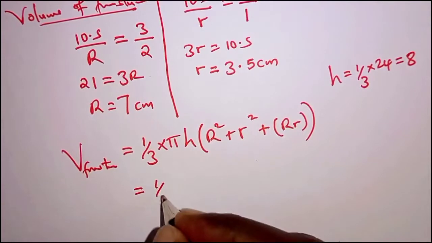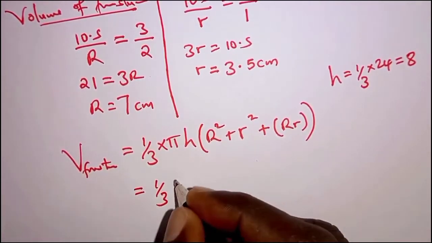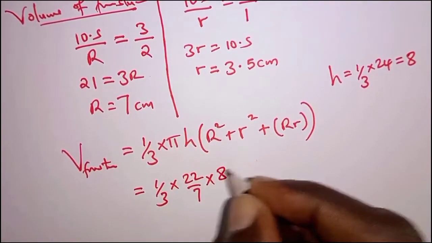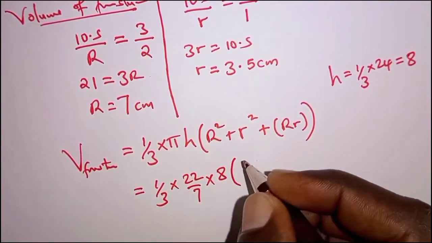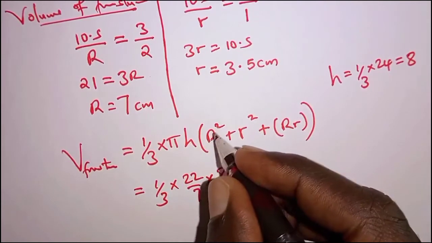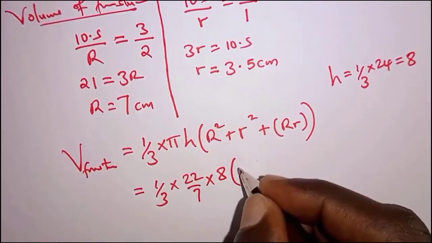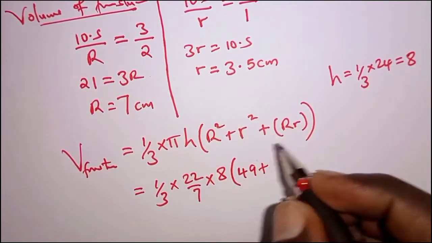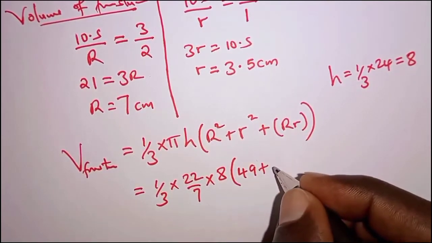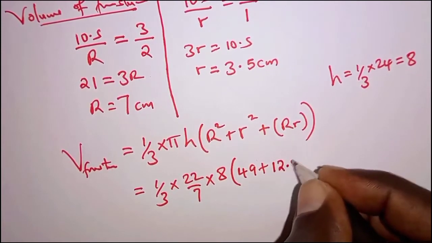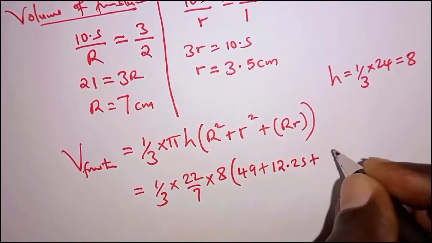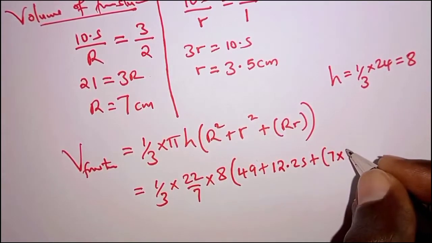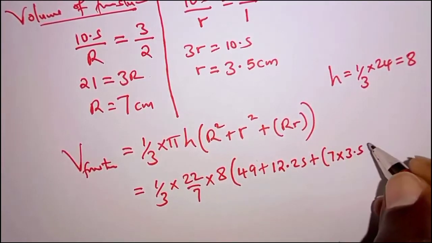We have 1/3 times pi, which is 22/7, times the height, which is 8, and then we'll have to multiply this by R squared. R is 7, so that is 49, plus this r lowercase squared, that is 3.5 squared. 3.5 squared is 12.25, plus R times r, 7 times 3.5.